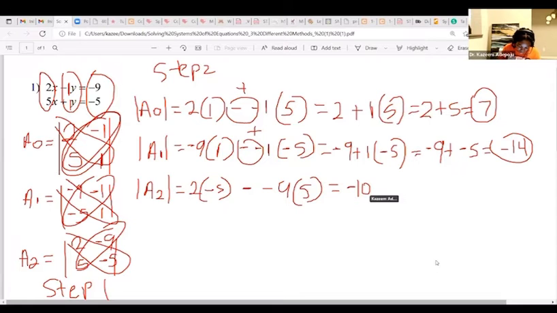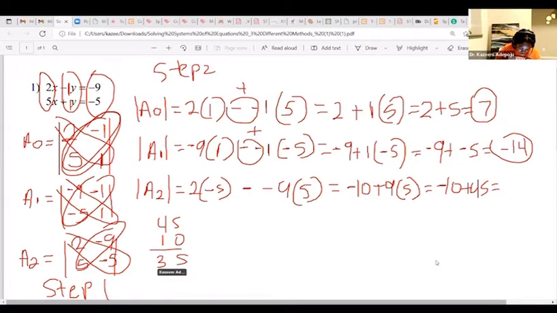And then minus minus is a plus. So plus 9 times 5 equals, now we have -10, and 9 times 5 is 45. So it's going to be +45, then now we do -10 plus 45. I hope you remember how to do that. That gives us 35.